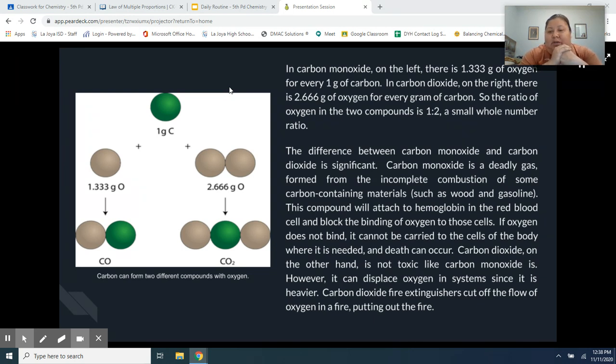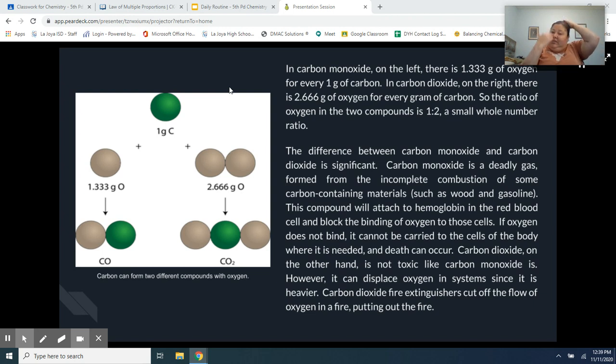This compound will attach to hemoglobin in red blood cells, block oxygen from binding to those cells, and prevent oxygen from being carried to the cells all over your body where it is needed, and death will eventually occur.